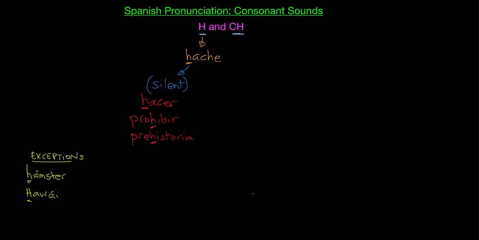Okay, so whenever you hear a Spanish person trying to do the h sound, very commonly, very often, you will hear people exaggerating that h and turning it into a j. Okay, and this is what happens with words of foreign origin. So hamster, Hawaii. But this only happens in exceptional cases, in cases where the words come from languages such as English, German, and so on.